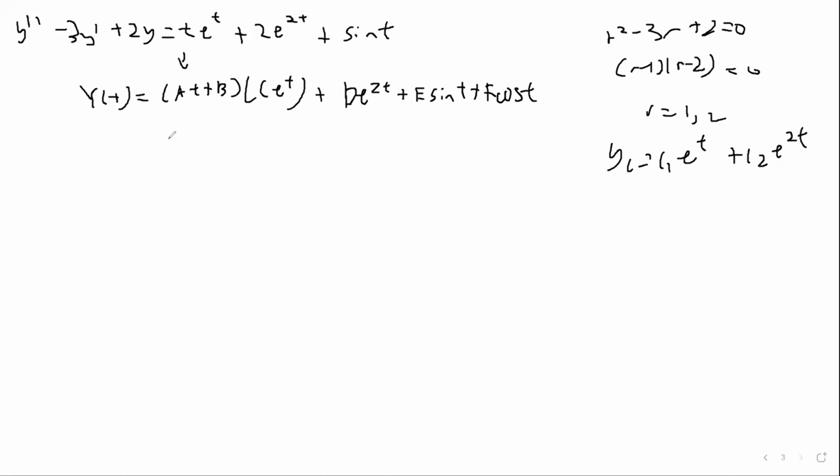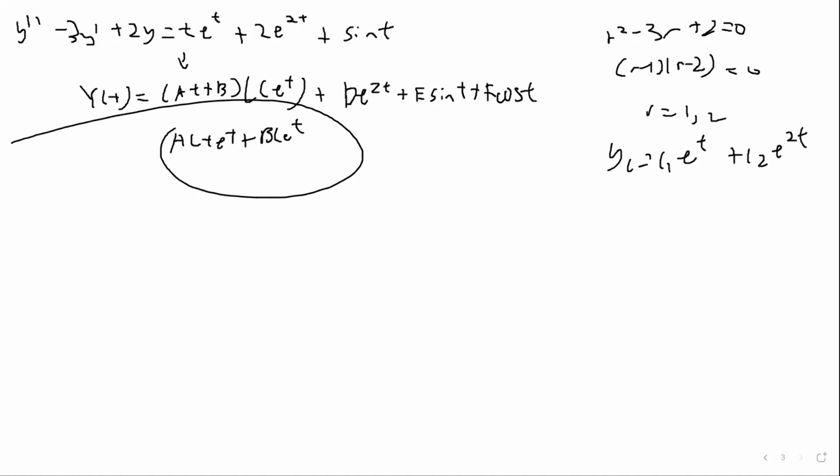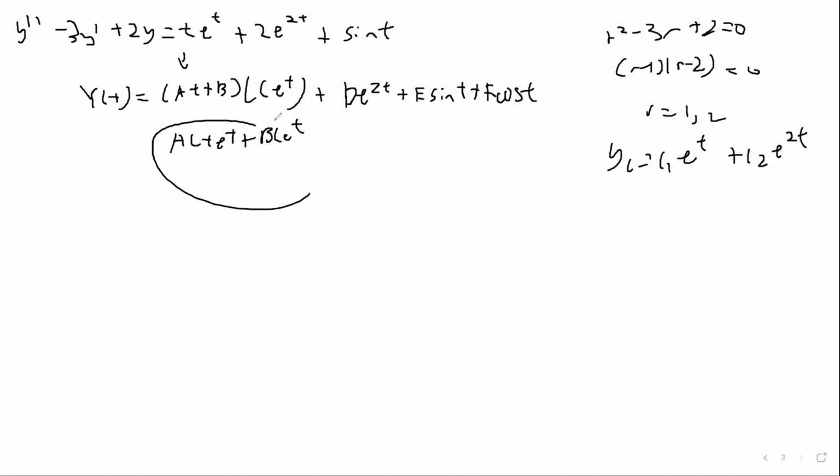if you were to multiply this out, you'd get AC t e to the t plus BC e to the t, and that's really weird, and we don't really need all those extra constants. So if you multiply this out, one way you can do it is take all those silly constants and turn them into one constant each. Because what we're doing is not an actual mathematical operation. We are performing an inference. Sorry, that's not correct.